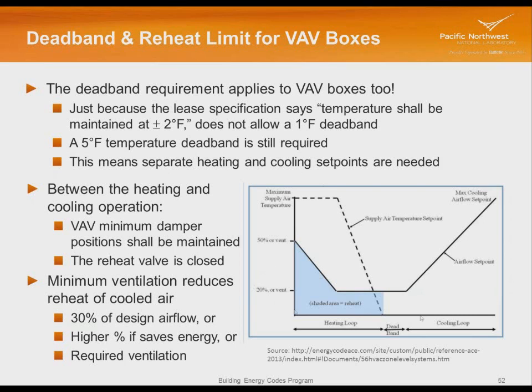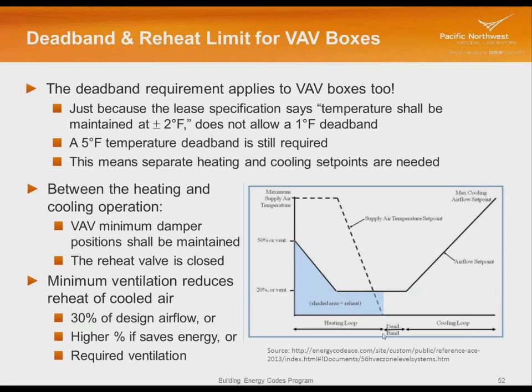So here we're looking at a diagram that shows maximum heating out of that box, maximum cooling over here out of that box. So you might think of this as when the room is cold, and we need lots of heat. Warm, we need lots of cooling. I need a deadband here, so I need my cooling set point, say around 75 degrees, and I need my heating set point, say around 70 degrees.